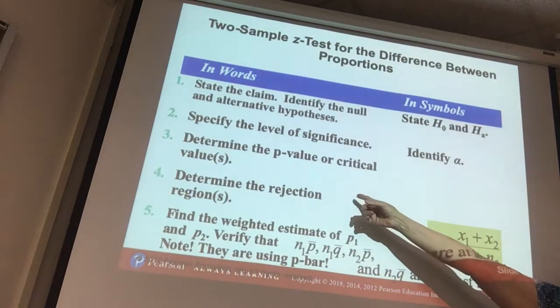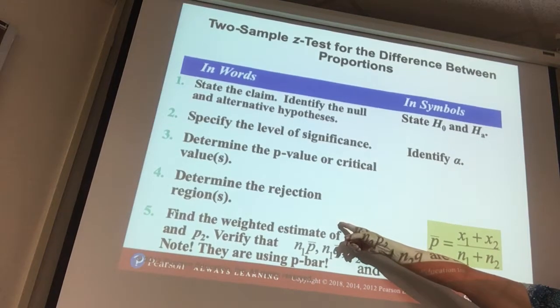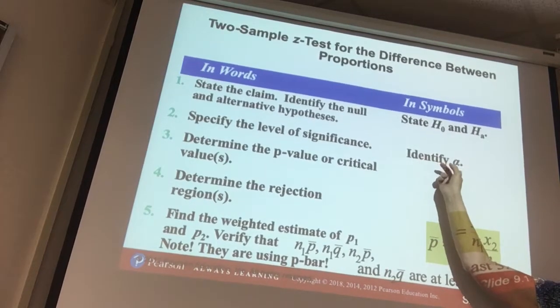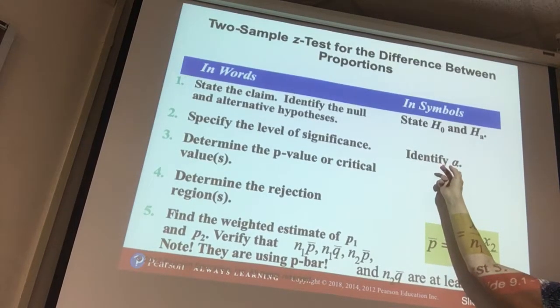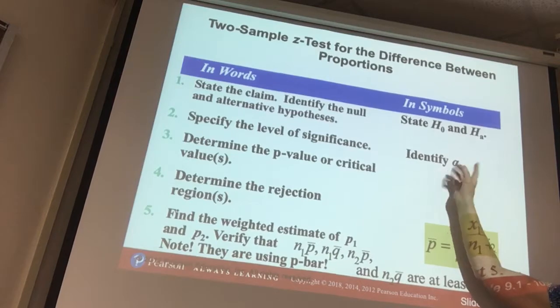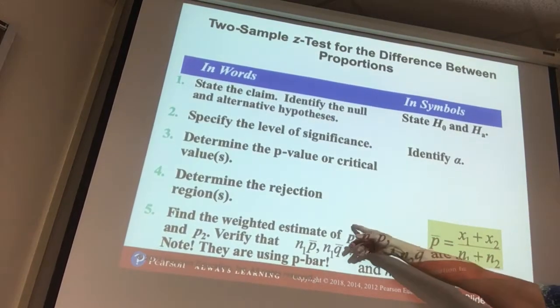Use your technology, it's going to do it for you. Determine the rejection region. You're going to determine your rejection region from your significance level. We've already done that. We did that a lot when we were in chapter 7, right? Use your level of significance to find your rejection region.